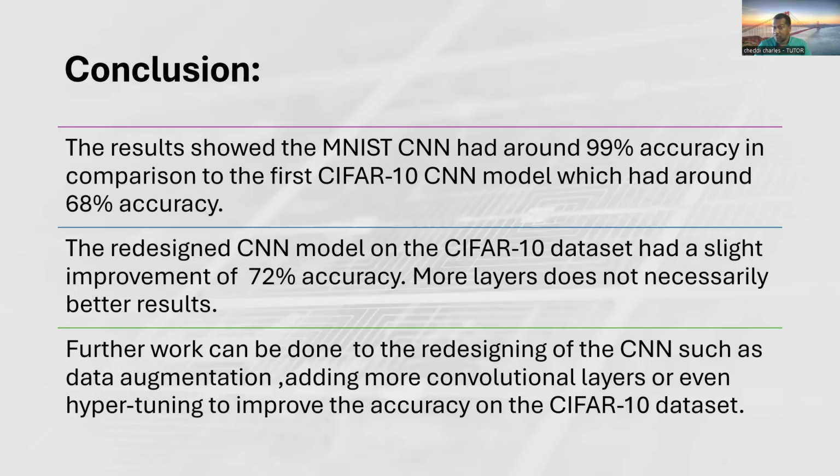You can even include more dropout layers. That might work. You may even tweak the hyperparameters, maybe the gradients or so. So there are different things you could do, but for now, these were the things I tried. I got a slight improvement, or you could even increase the number of steps. It may take long, but that can do it.